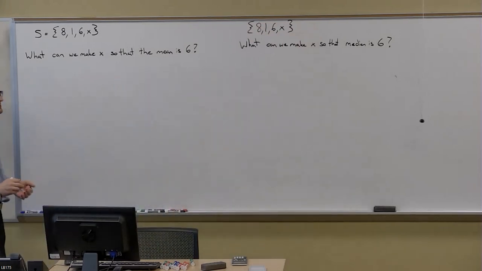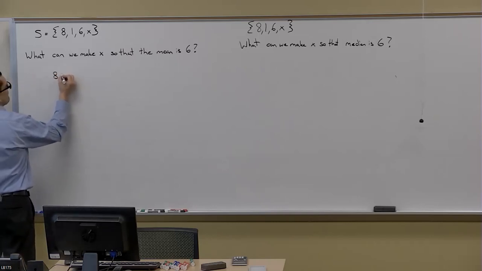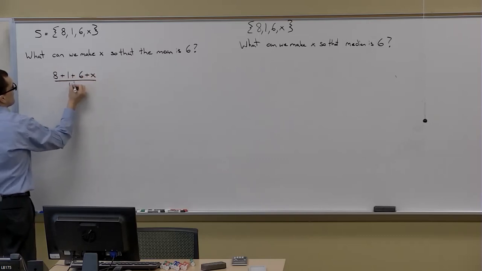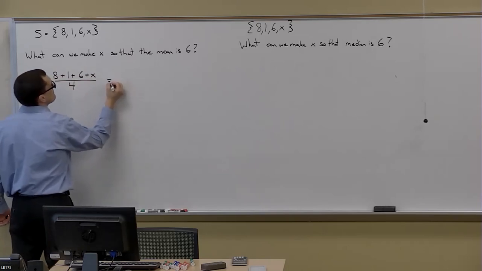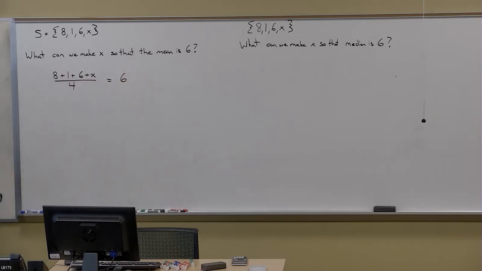All right, so here's what I'm going to do. We want to make x some number so that the average is 6. In order to calculate the average, we add up the 4 numbers in our set and then divide by 4. And we want that average to be 6.